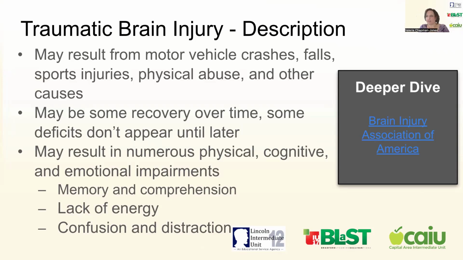These students have a very diverse profile because they may have some recovery initially and some deficits may not appear till several months later after the injury. So we do need to keep a very close eye on any students who experience some kind of brain injury to determine are they going to be eligible as a child in need of special education under this disability category.